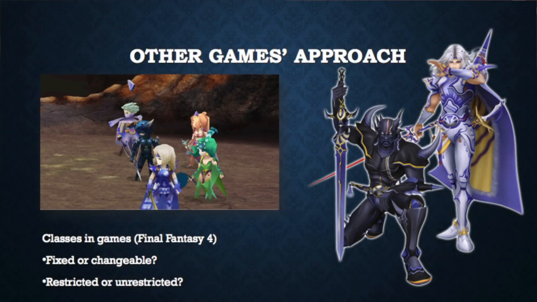So different games will use their mechanics in very different ways. This is Final Fantasy IV. Classes or jobs in RPGs are a fairly typical mechanic to shortcut to describe to the player what a character's capabilities might be. But they're also a way to give the character a place in the world.